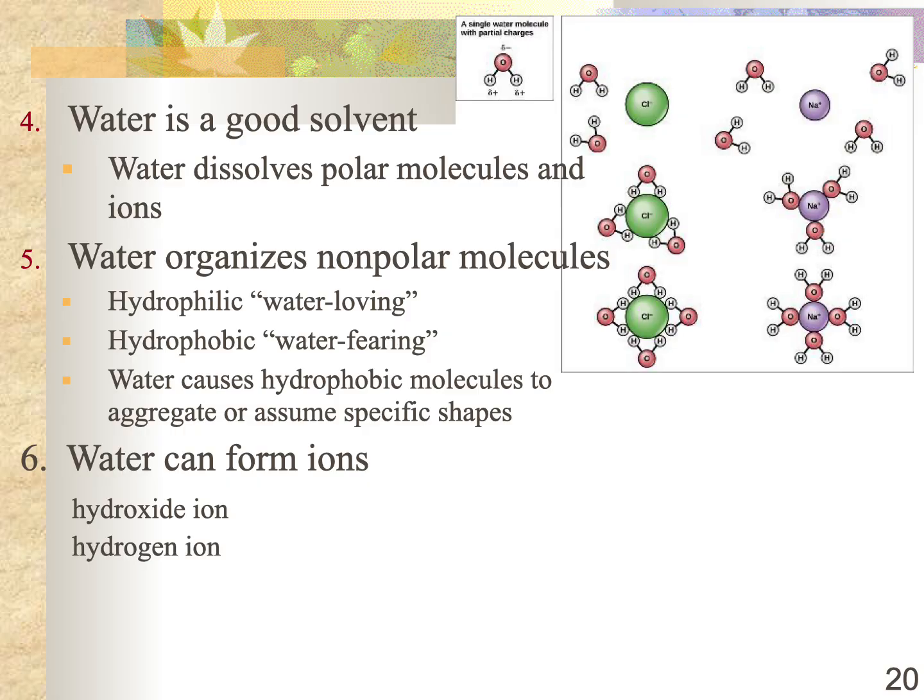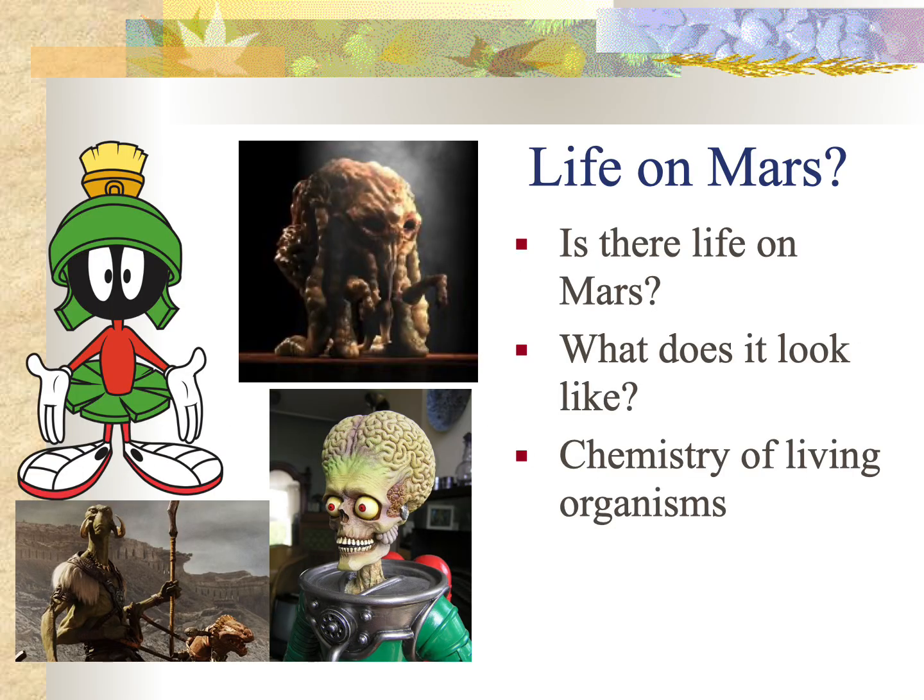So when we look for living organisms on other planets, the cartoon drawings and the movies show us all these things. But the first really thing we look for is the chemistry of living organisms.